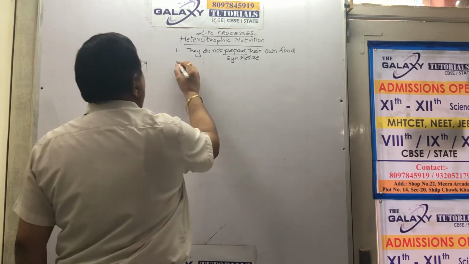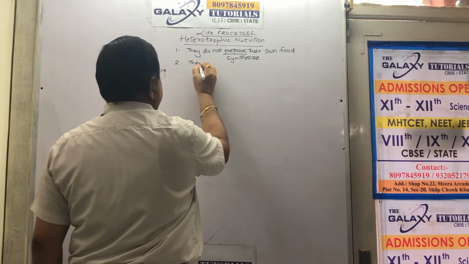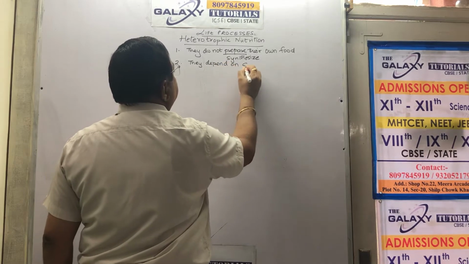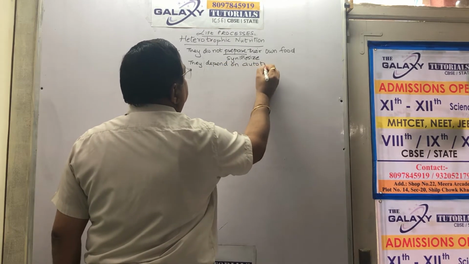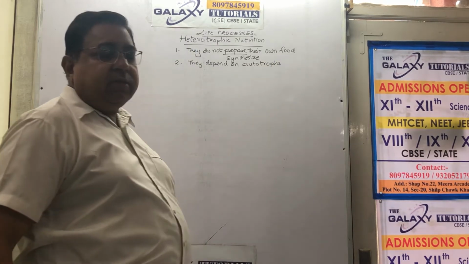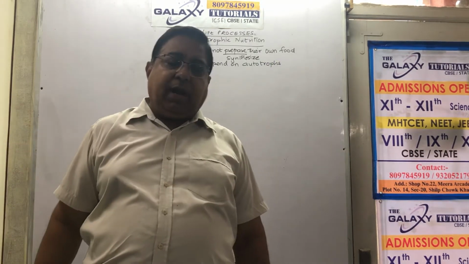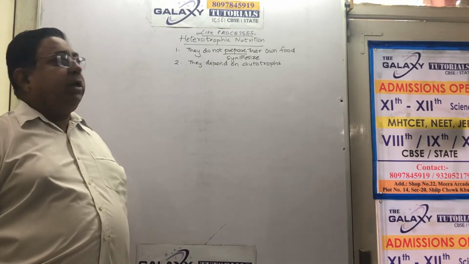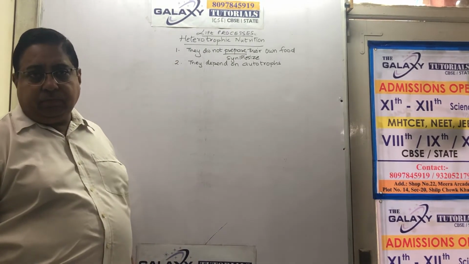They depend on autotrophs, primarily. All are not eating grass or plants, they may eat other animals, but basically you have to start with animals who will eat plants.